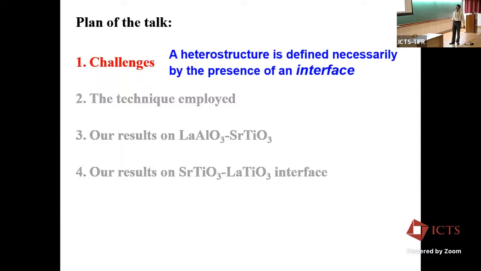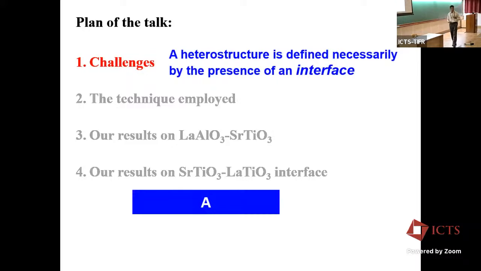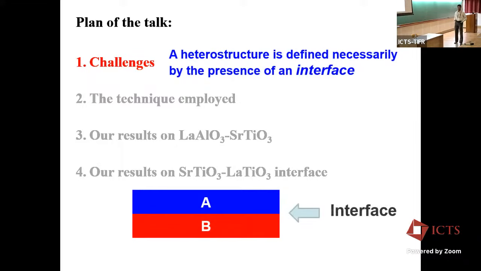All of you understand that a heterostructure necessarily has two different components. We have a material A and a material B that's grown on top of that, and that defines an interface. This interface brings in totally different symmetry than one would expect in A and B. So one wants to know what happens to the geometric, atomic, and electronic structure at this interface.